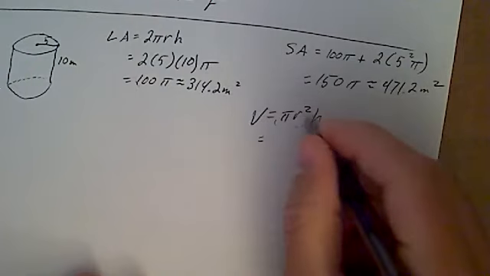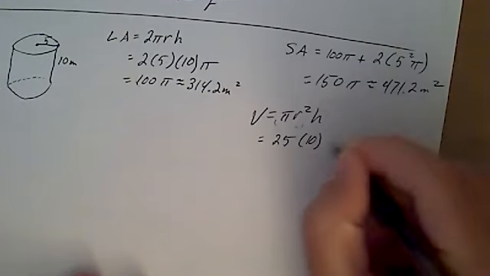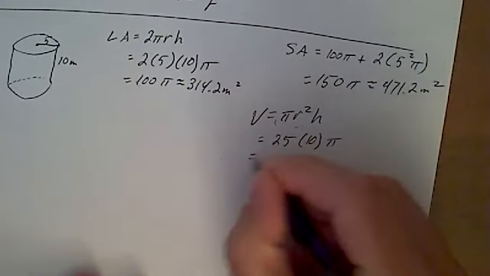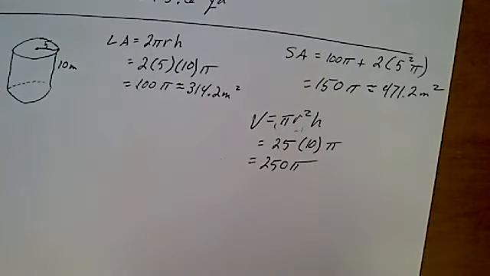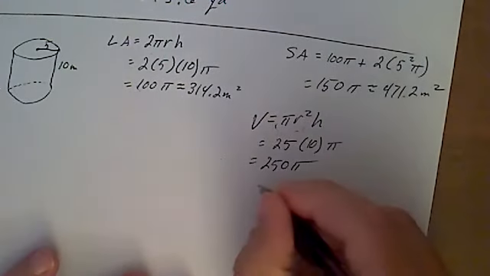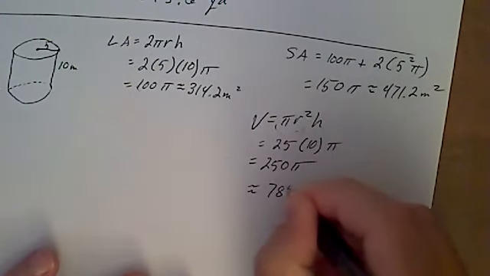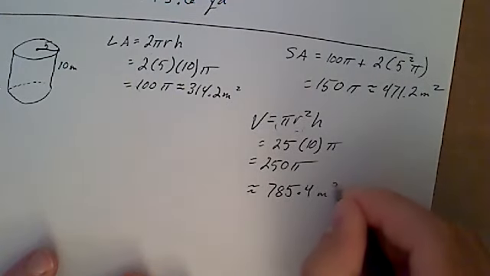So we have 25 times the height, 10 times pi, 250 pi. 250 pi is about 785.4. That would be meters cubed.